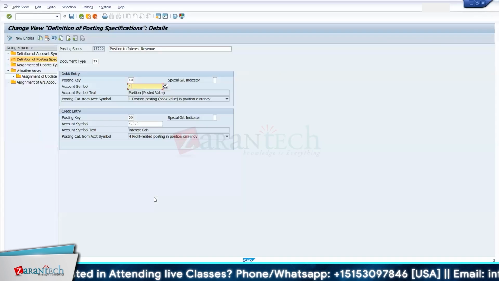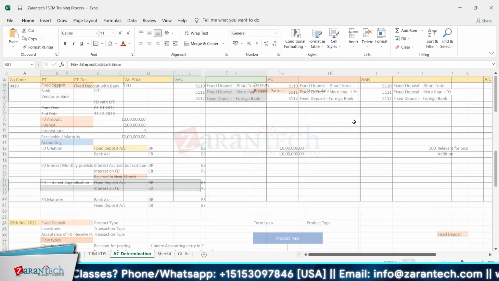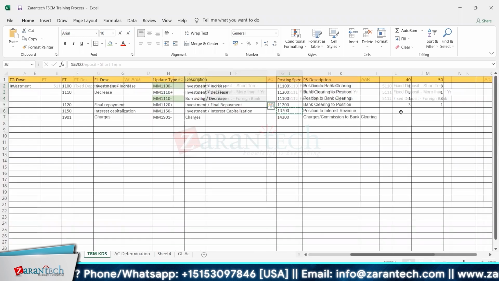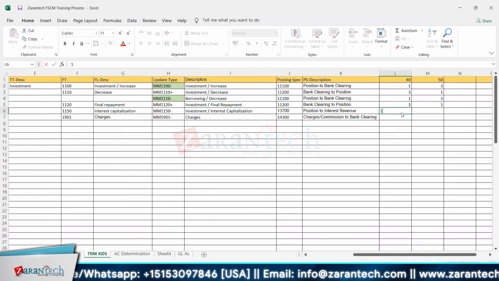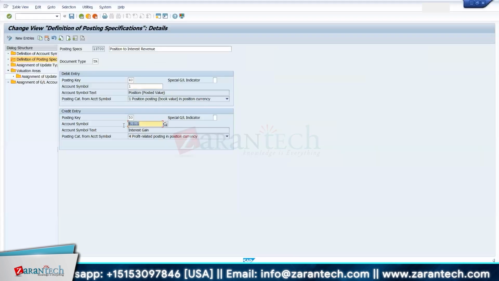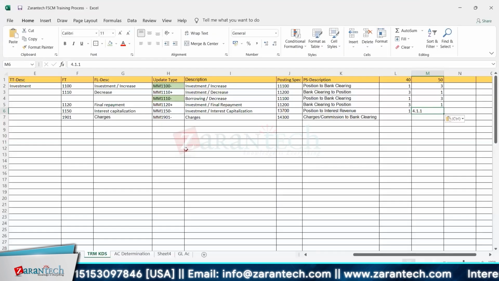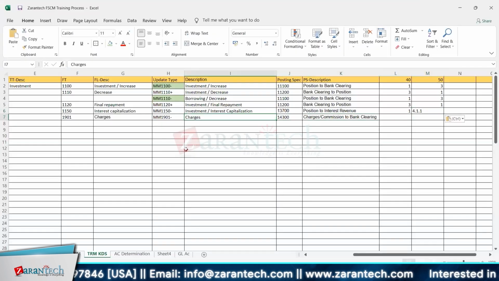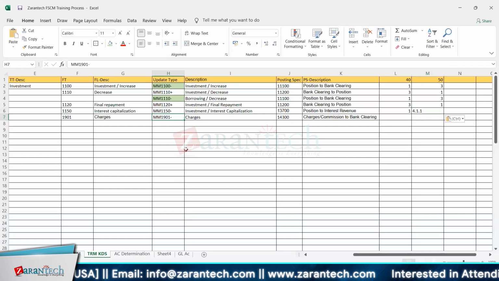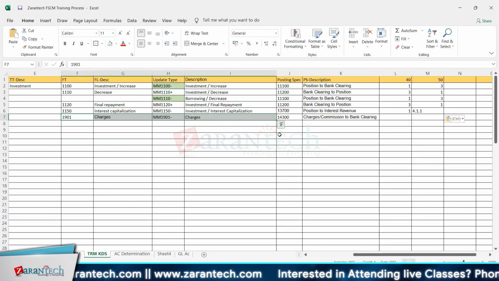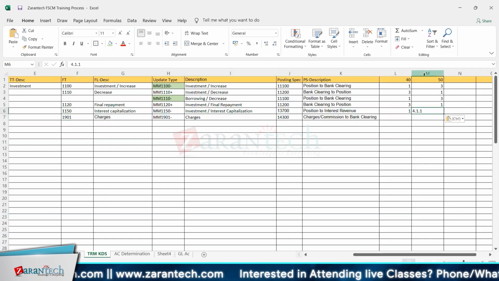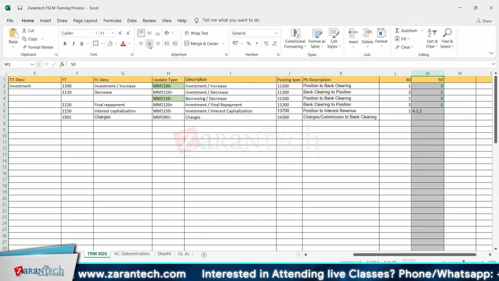So that's why you can see 1 is getting debited and credit is 411. Okay. And for charges, if you want to have some charges, then I need to create one GL account for charges. So for the time being, I'm not updating for the charges. This is okay.